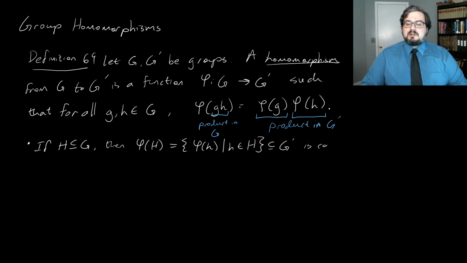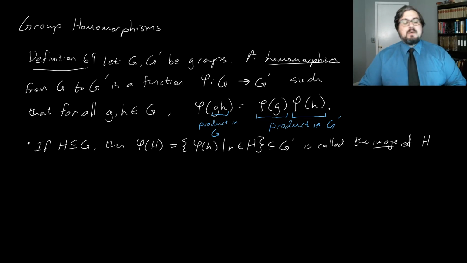This is called the image of H, or the image of H under phi. We will often be dealing with more than one homomorphism, so we may specify which image we're talking about.